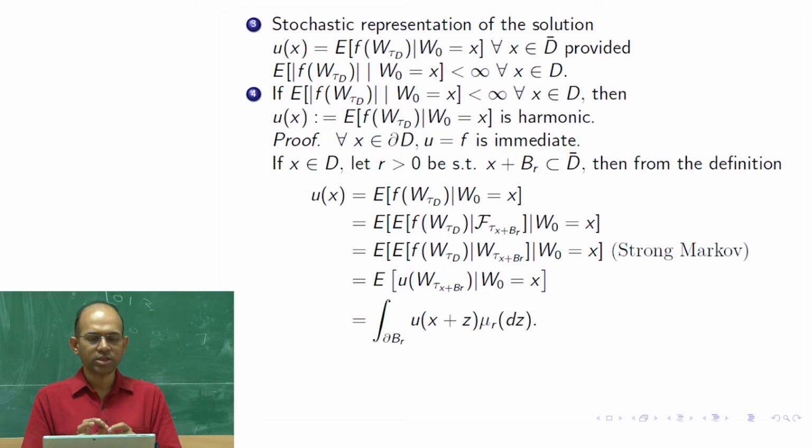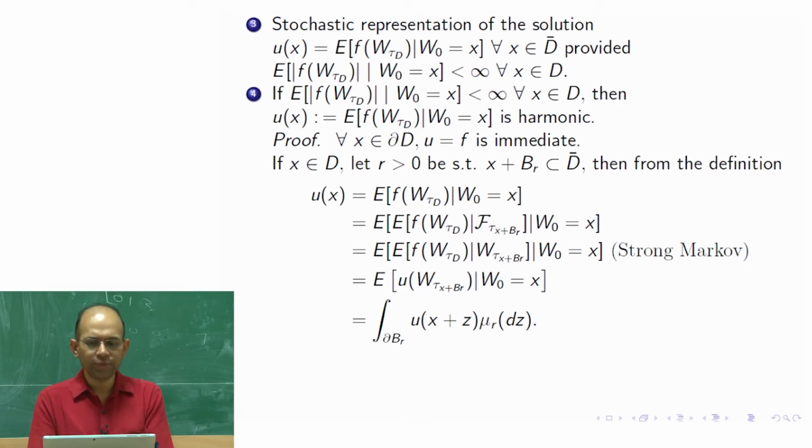Now we are considering only the case where x is inside the domain, an interior point of the domain, and we would like to show that this u, which is defined in this manner, is actually a harmonic function. But instead of showing that it is harmonic, we are going to show that it satisfies the mean value property. Okay, because we have already established that the mean value property implies harmonicity.